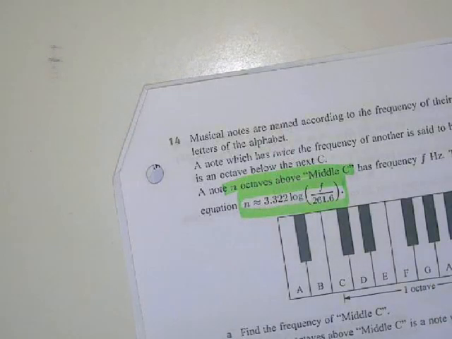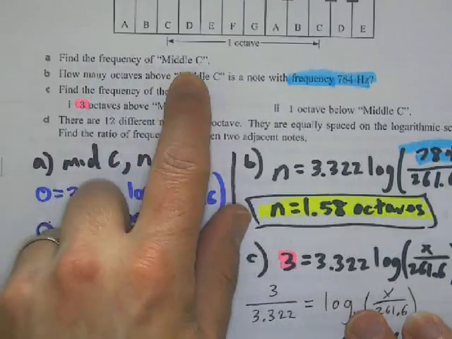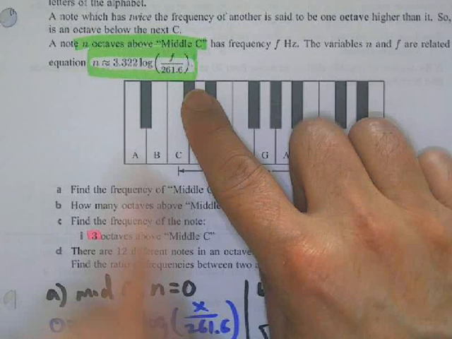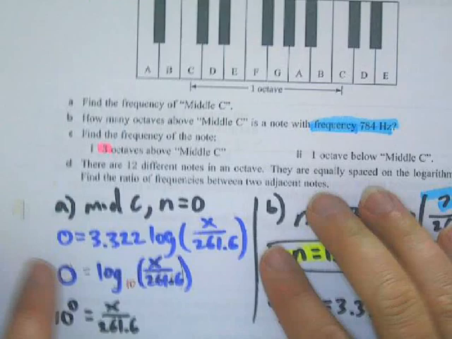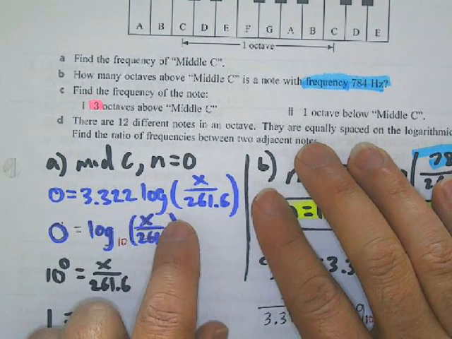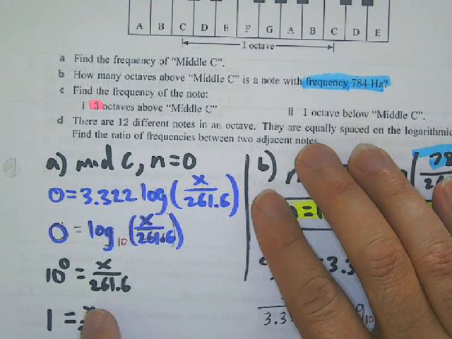Okay, I'm just going to talk through this one. And so they've said find the middle C. So to find the middle C, we're going to take this equation and we're going to make n equal to 0. Okay, so I'm making n equal to 0, and we just kind of plug it straight into the calculator. Well, actually, what did I do?